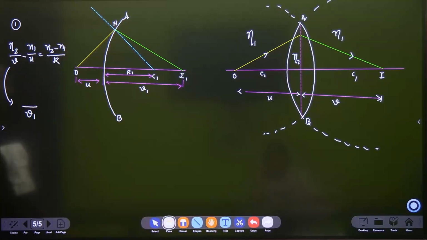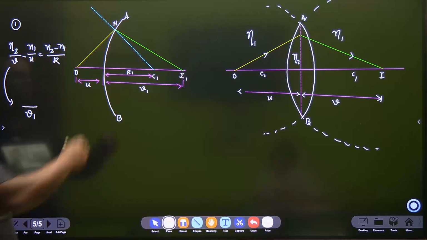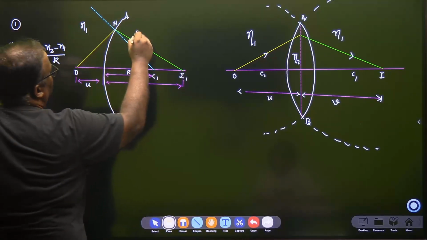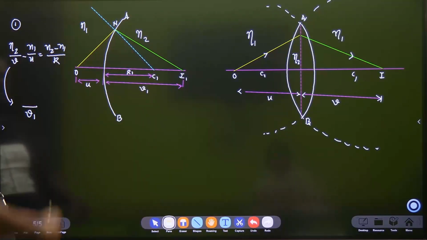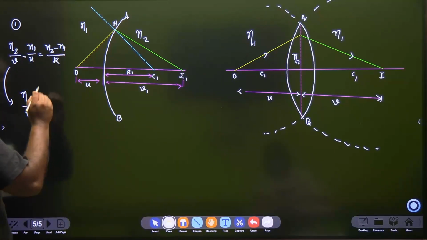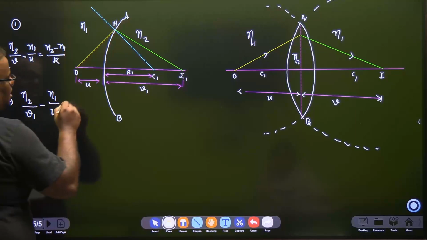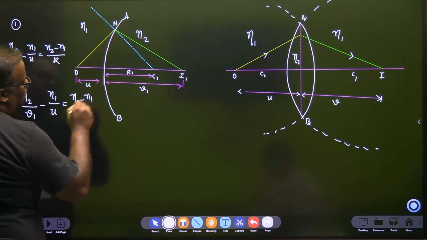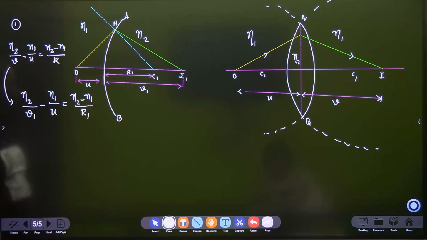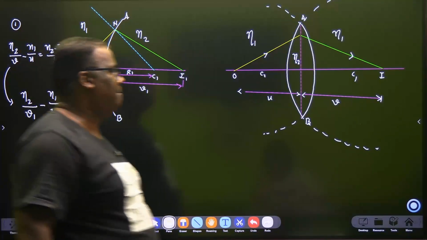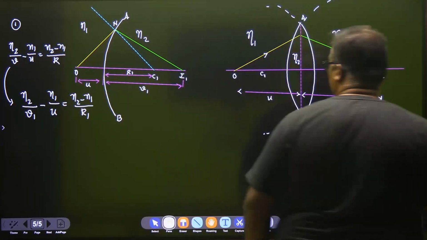Eta 2 is that medium in which the light entered, no change. And eta 1 is that medium from where light came, is equal to eta 2 minus eta 1 upon R1. No doubt, children? Absolutely okay?